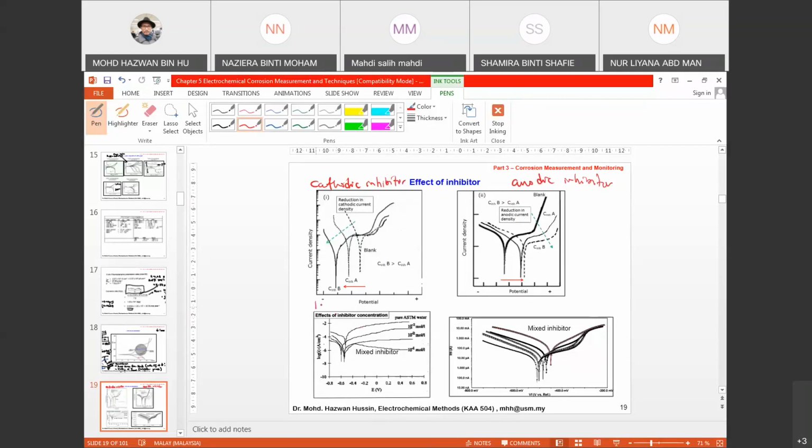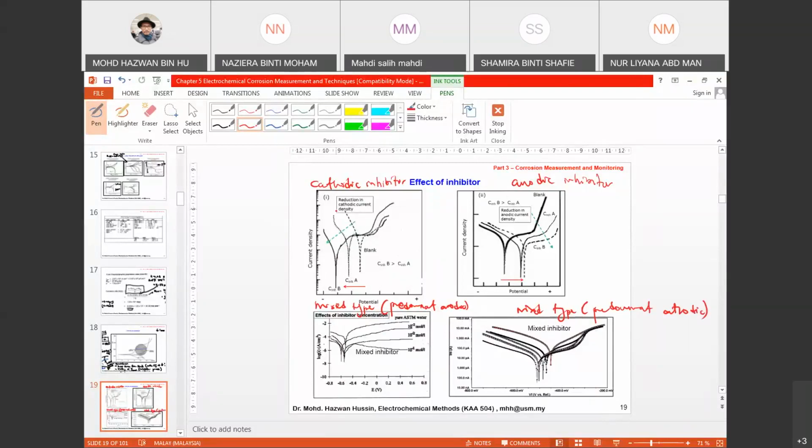You can have a mixed type, but predominant anodic. And this one is mixed type, dominant on the cathodic side.